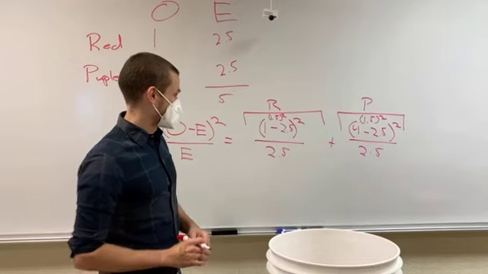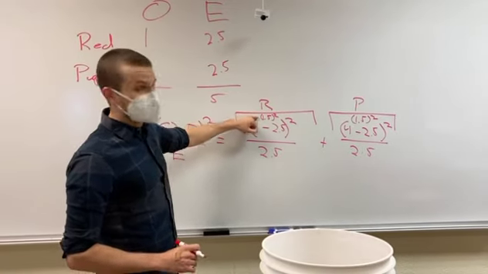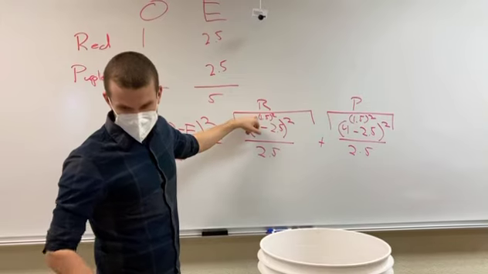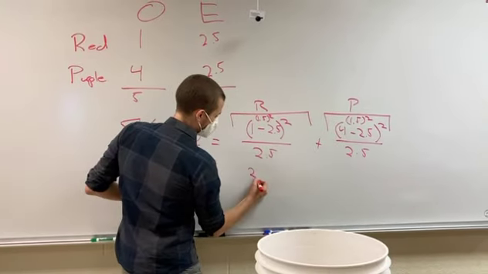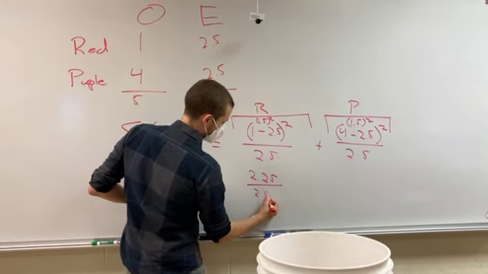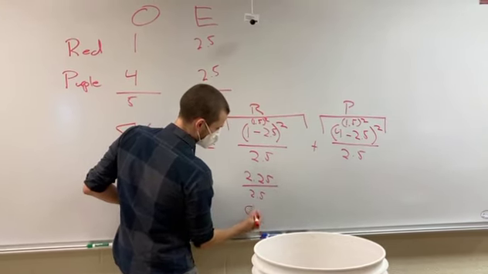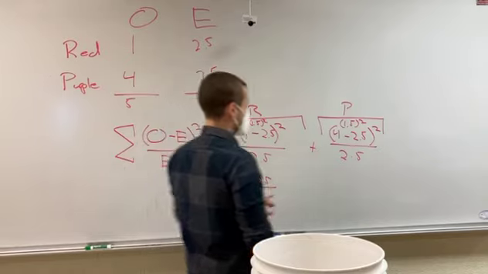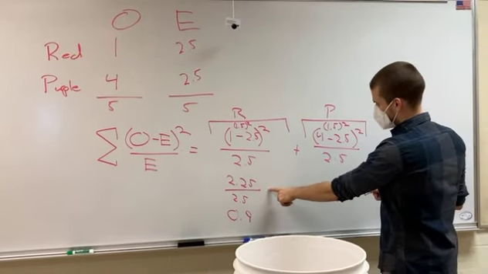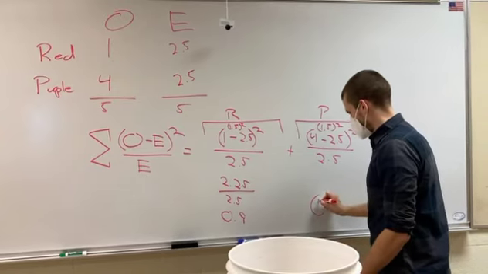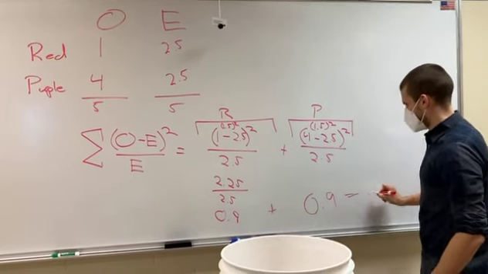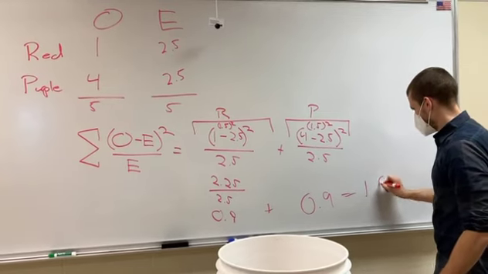Forgot the fact that we needed a calculator. 1.5 squared, 1.5 times 1.5 gets you 2.25. Divided by 2.5 is equal to 0.9. It's going to be the same thing over here. 1.5 squared divided by 2.5 gets you 0.9. 0.9 plus 0.9 is equal to 1.8.